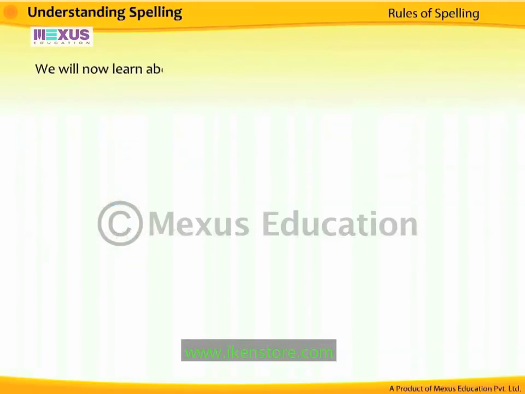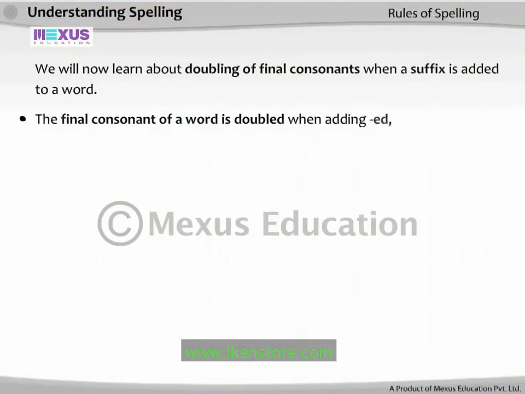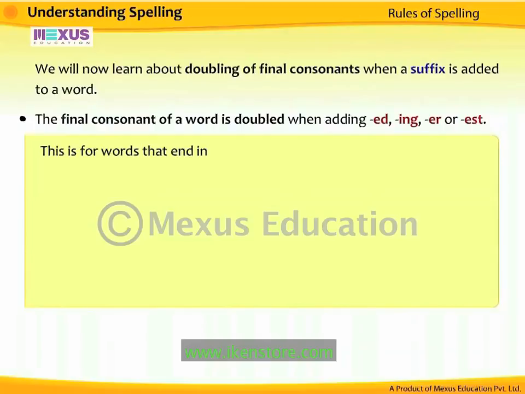We will now learn about doubling of final consonants when a suffix is added to a word. The final consonant of a word is doubled when adding ed, ing, er or est. This is for words that end in b, d, g, l, m, n, p, r and t.